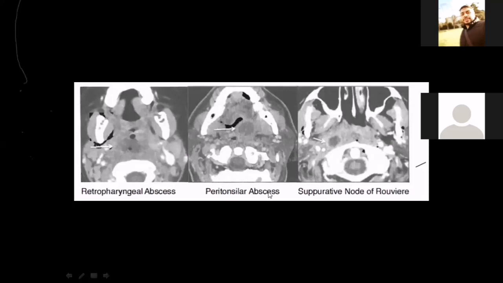When you see something linked to the oropharynx, to the left or to the right, lateral to or medial to the oropharyngeal pillar, you are thinking about peritonsillar abscess. And in the nasopharyngeal site of lymph node metastasis, think about the suppurative node of Rouviere, which is characteristic. Okay.